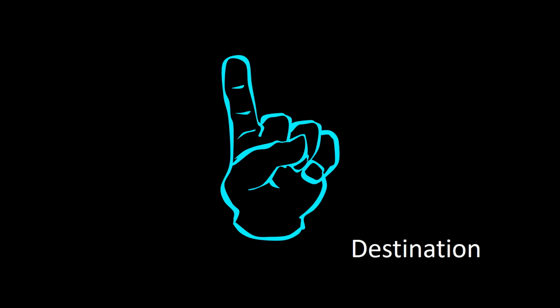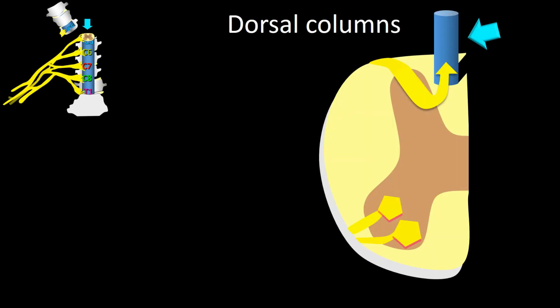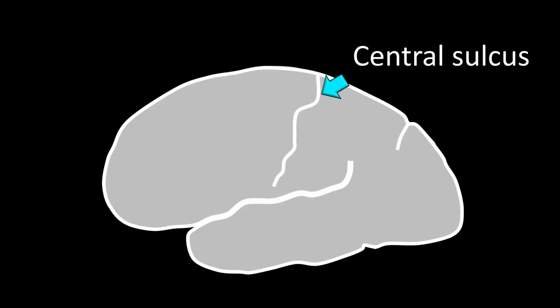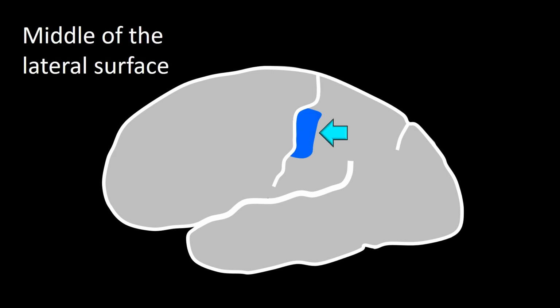The first destination is the posterior column, where they ascend to reach the brain, connecting in the thalamus, whose fibers travel to an area posterior to the central sulcus in the middle area of the lateral surface of the brain.